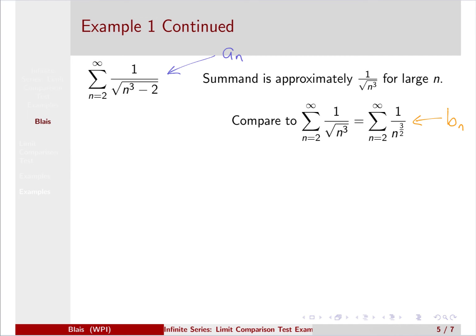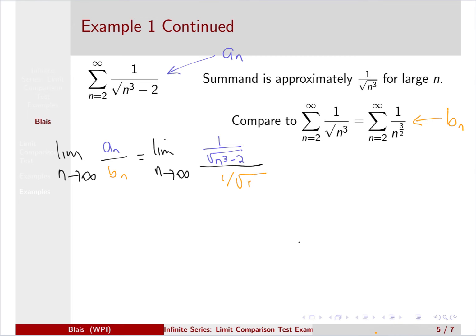For the limit comparison test, we look at the limit as n goes to infinity of a sub n over b sub n and simplify. So we have the limit as n goes to infinity of our a sub n's, which are 1 over root n cubed minus 2, and our b sub n's, 1 over root n cubed.